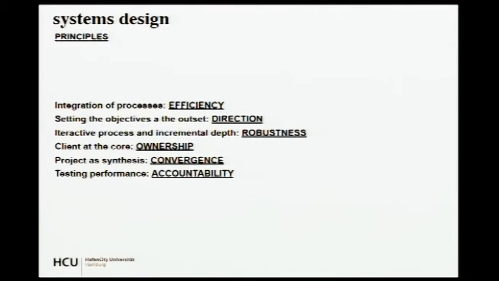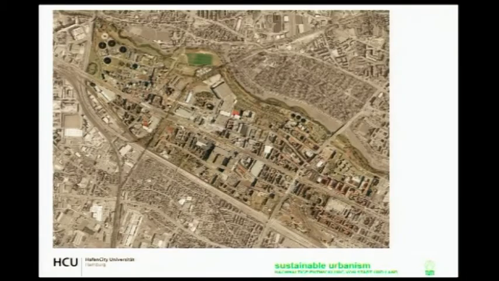And I think you probably need a slightly more open-ended approach. So rather than having that clear direction and clear robustness, I think reality would demand a more playful, horizontal approach to regenerating cities, of which I now show an example here. This is a project in Nuremberg West.